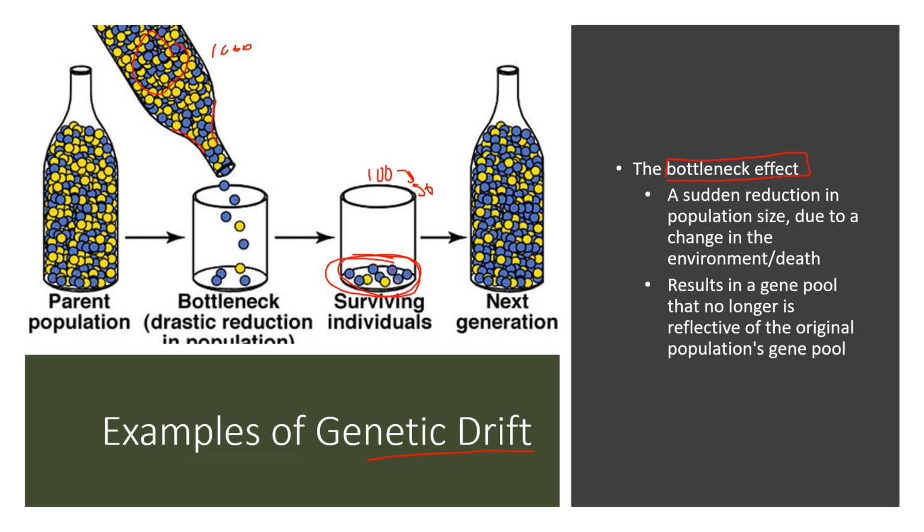We have 7 of them that were blue, and then only 2 yellow, when probably at first it was a 50-50 frequency. Do you see how fast that changed? Okay, so it changed drastically.